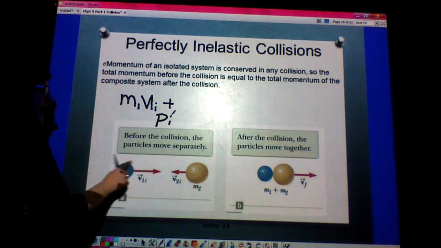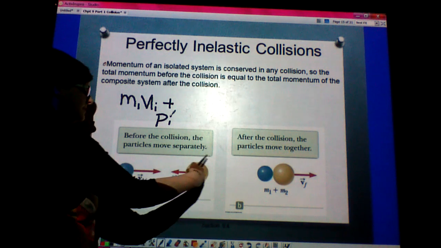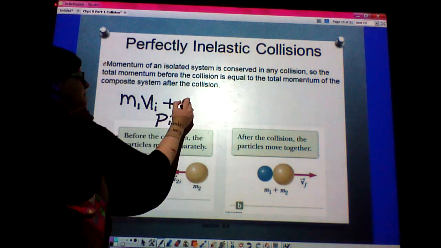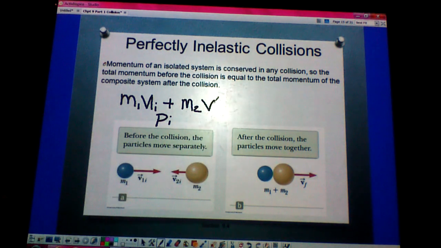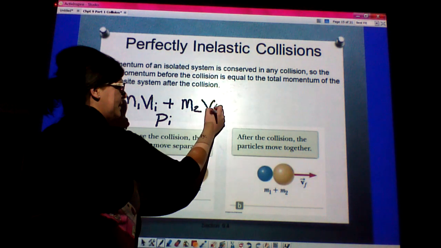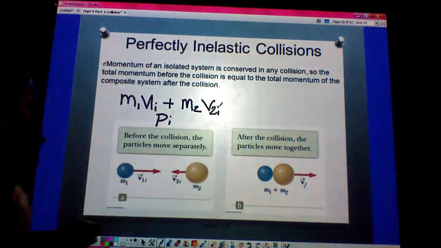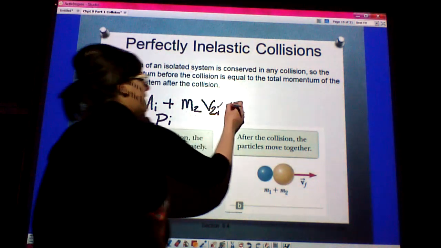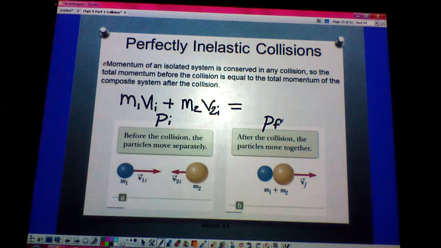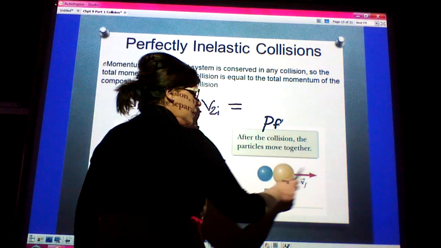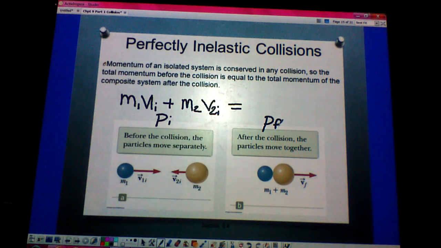So I have the mass of the second one times its initial velocity, m2 times v2 initial. And this should equal my final momentum, where I only have to deal with one velocity because they're moving together.